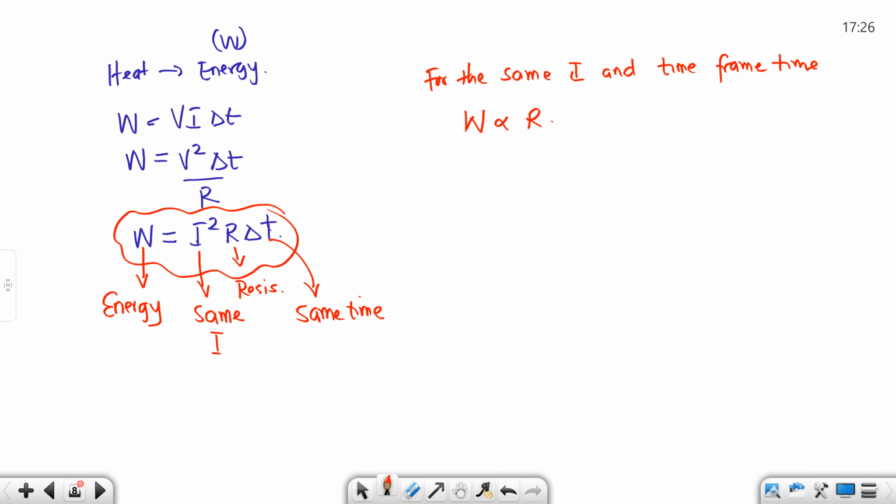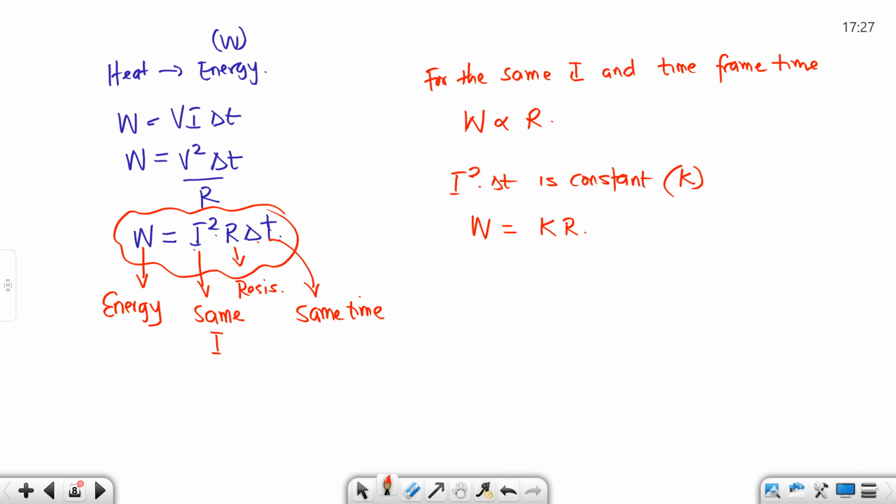Let me try to explain. I squared times ΔT is constant. Watch this so that you can see. Let's use K. W equals K R, because I'm saying I squared ΔT is K.